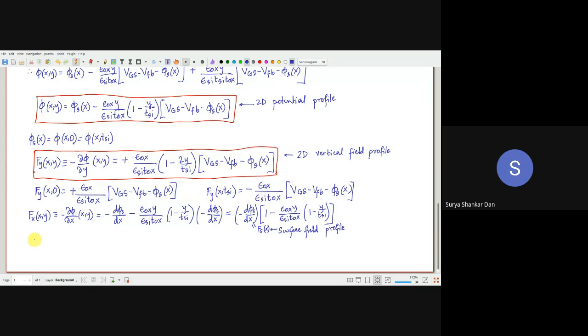So your final expression becomes F_x as a function of x comma y is equal to F_s, that is the surface field, into 1 minus. So this happens to be your 2D lateral field profile.